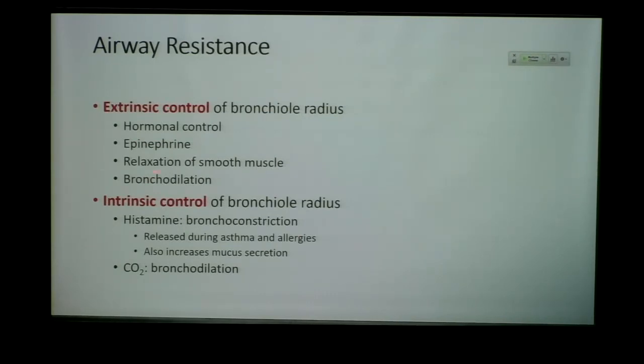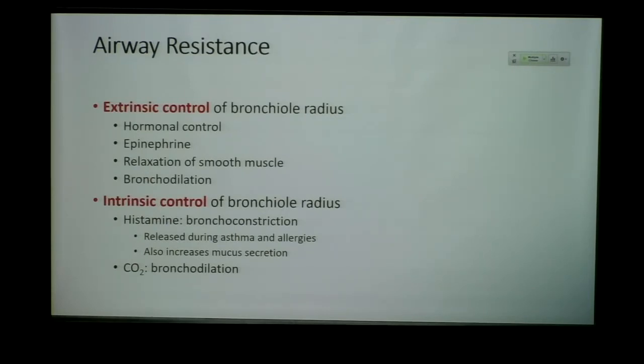So we've got epinephrine as one of our hormones, and that's going to bring about the same function as the sympathetic system, but the only difference here is what? Where is it coming from as a hormone? The adrenal medulla, right?